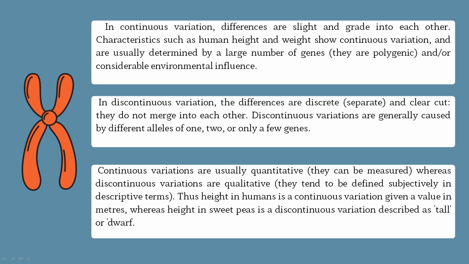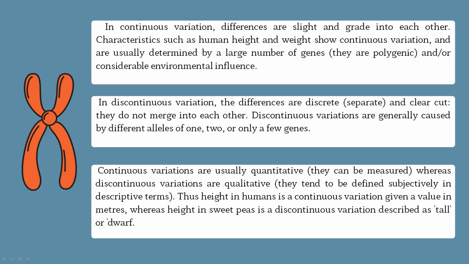In discontinuous variation, the differences are discrete and clear-cut. They do not merge into each other. Discontinuous variations are generally caused by different alleles of one, two, or only a few genes.